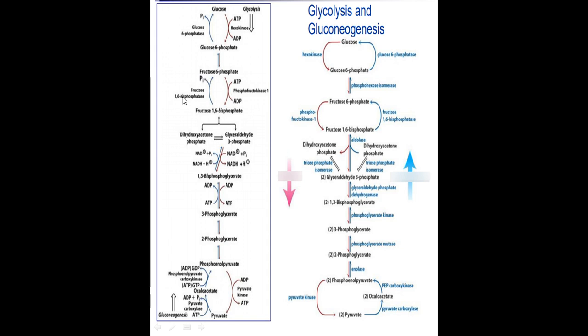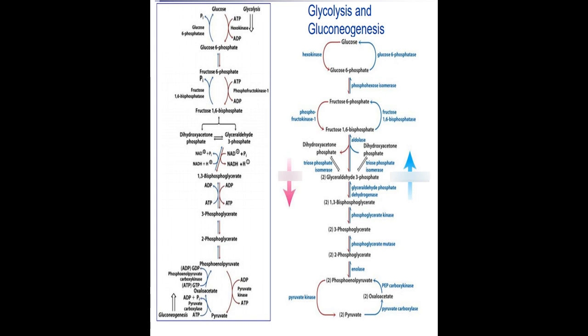Here, the enzyme phosphatase comes into play. Know the difference between a kinase enzyme and a phosphatase enzyme. These two enzymes catalyze opposing reactions. Kinase enzymes add a phosphate group from ATP to a substrate residue, but a phosphatase enzyme removes a phosphate group from a residue.